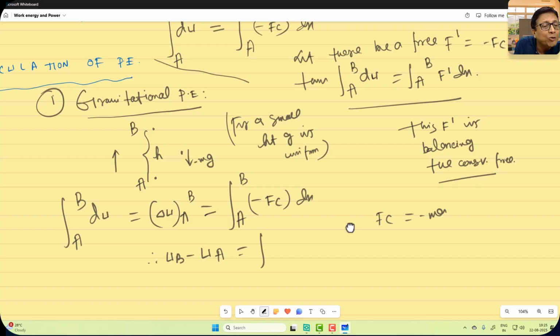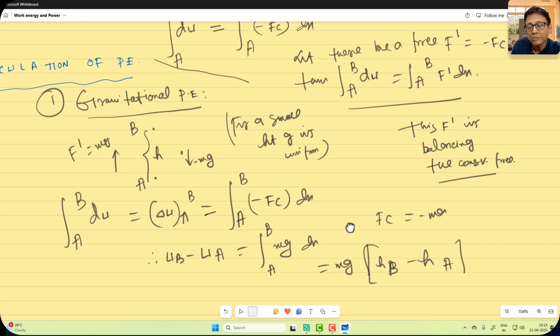So the force balancing it will be mg. So you put mg into dx from A to B. That is mg times, this is potential energy at B minus potential energy at A, and this is position at A, position at B. So you write hB minus hA. Okay? Height at B minus height at A.